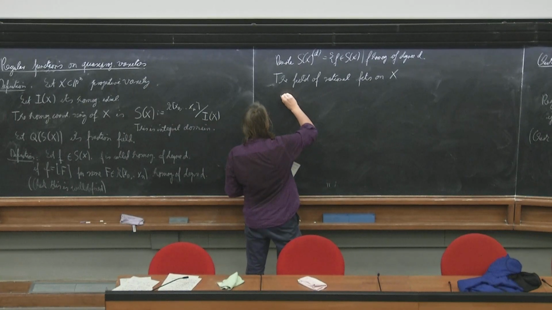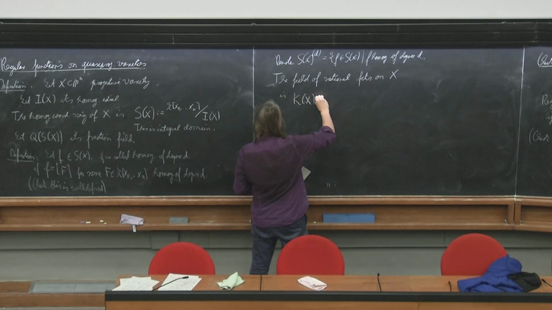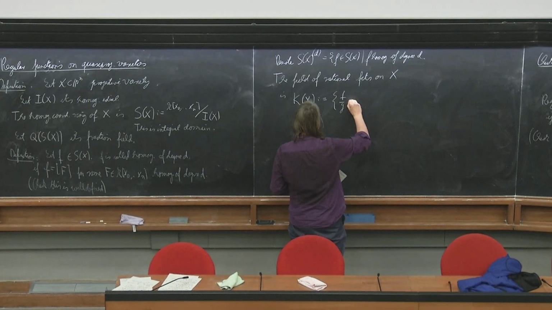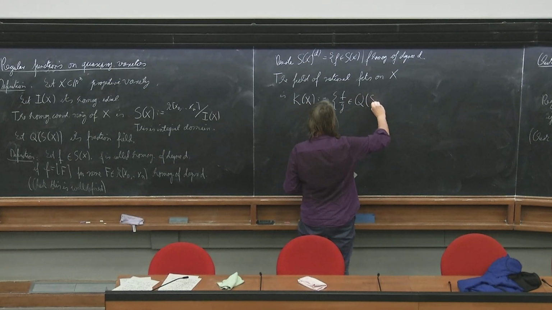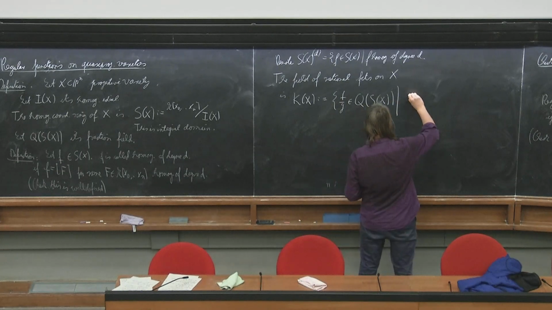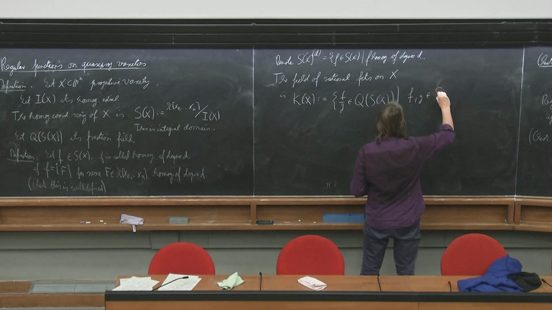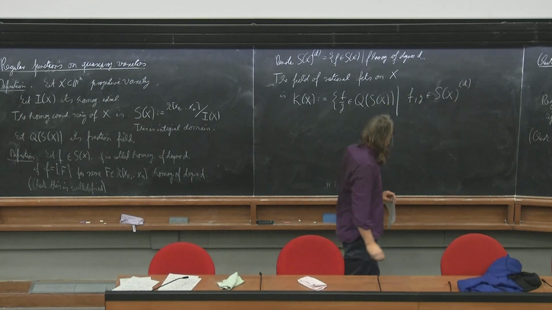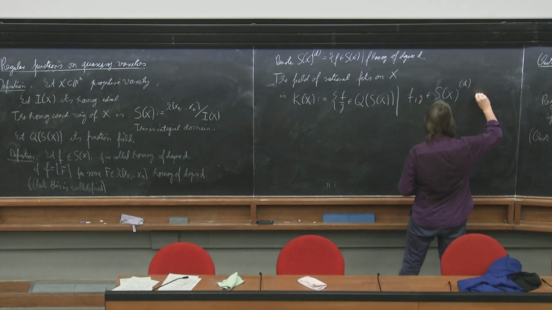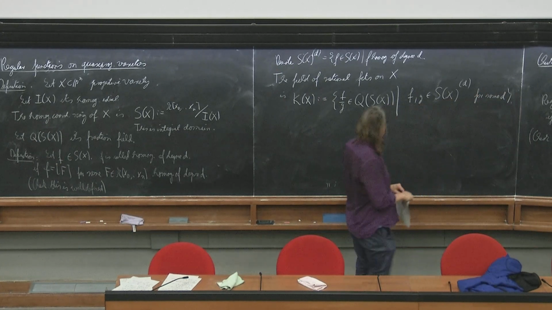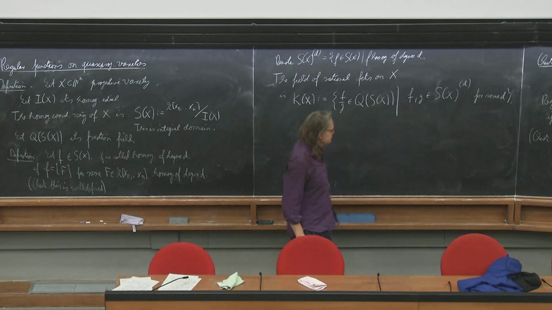So this is K(X), defined to be the set of all F divided by G in the fraction field of S(X), such that F and G are both in the homogeneous part of degree d for some d. In other words, F and G are homogeneous of the same degree.